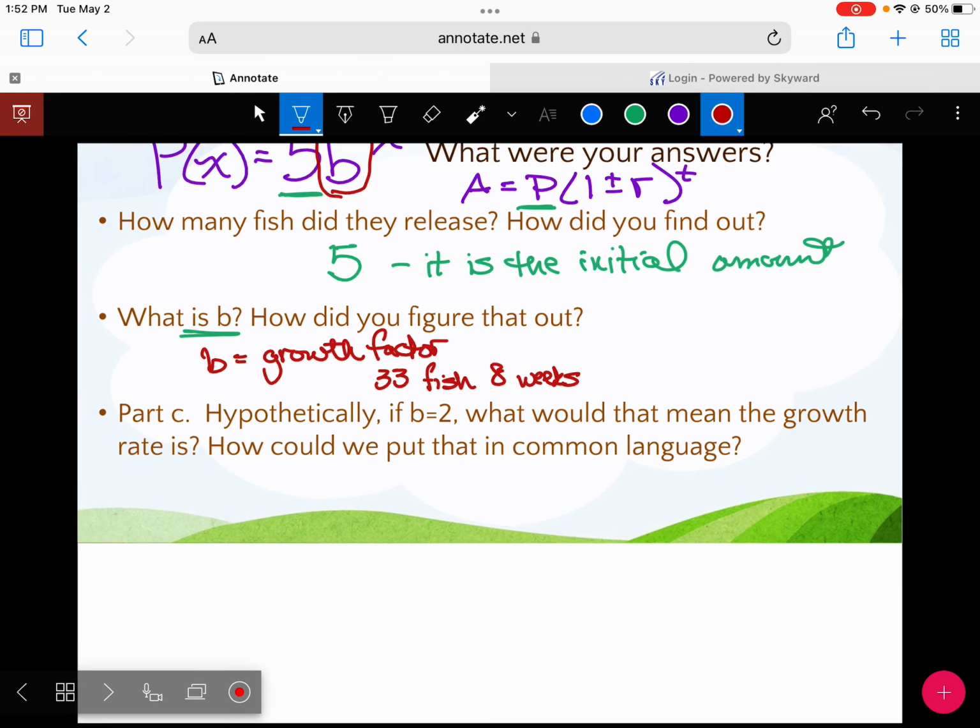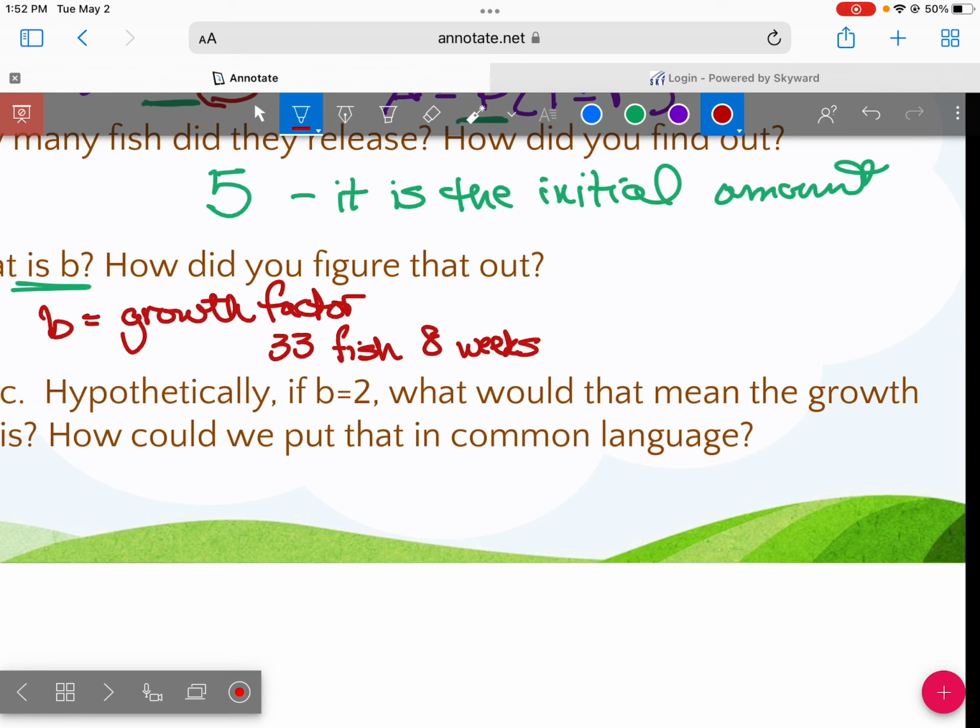If our t is in terms of weeks, so we know the initial one was A equals P times 1 plus or minus r to the t power, right? A, do we have an amount that we know has happened? 33, very good. So 33 goes in place of the A, equals, we have the initial amount. What's the initial amount again? 5. We started with 5 fish.